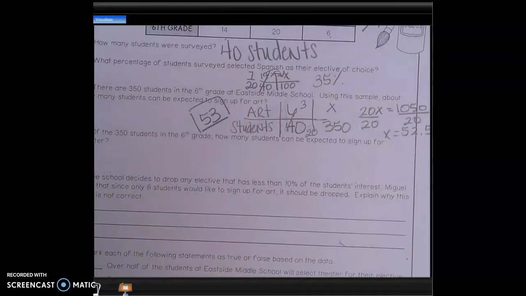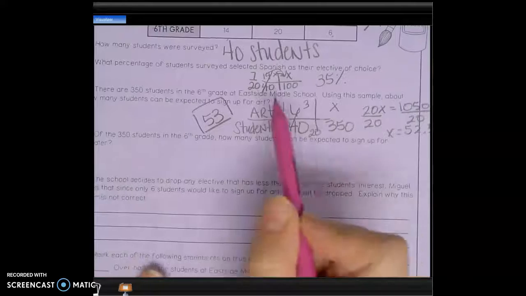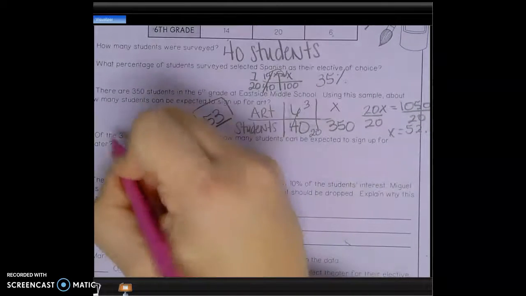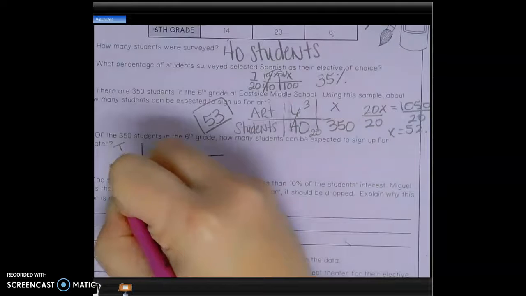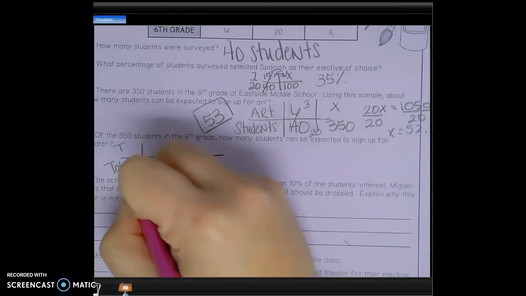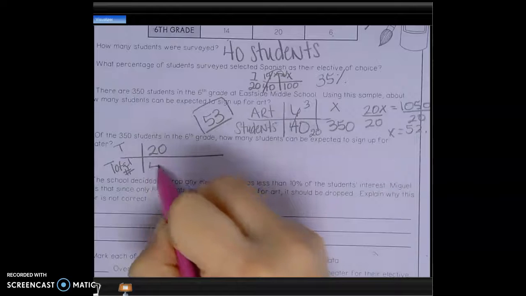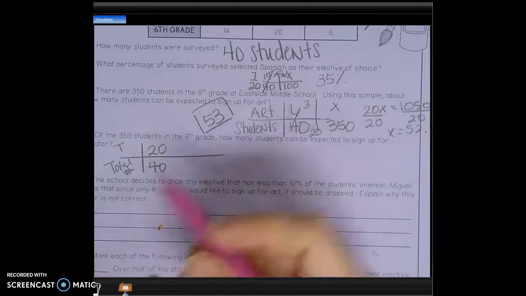Of the 350 students in the 6th grade, how many students can be expected to sign up for theater? So we're going to do the same thing we did up here, except this time we're going to use theater and our total number of kiddos. Okay, so for theater, we had 20 out of the 40 kids that like theater.